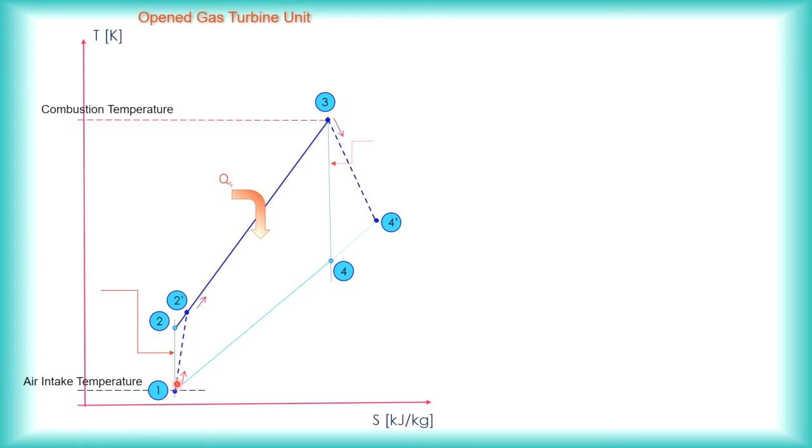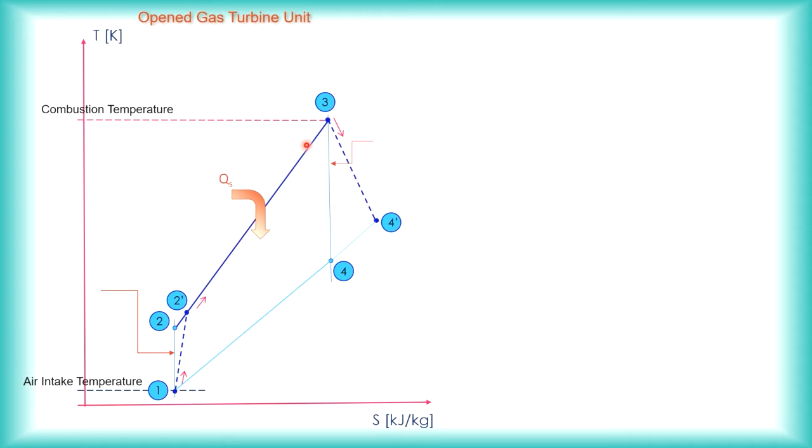Usually for an irreversible process, we use a dashed line to represent it. So a solid line usually refers to reversible, and a dashed line usually refers to irreversible. So this is due to the irreversibilities from internal friction. From state point 2 prime it will go to state point 3, where it undergoes constant pressure heat addition.